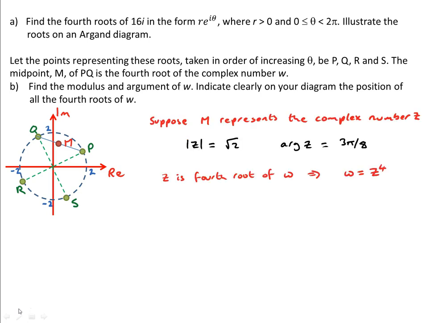So Z is the fourth root of W. That tells me that W is Z to the power 4. So the modulus of W is the modulus of Z to the power 4, which is simply mod Z to the power 4, which is 4.